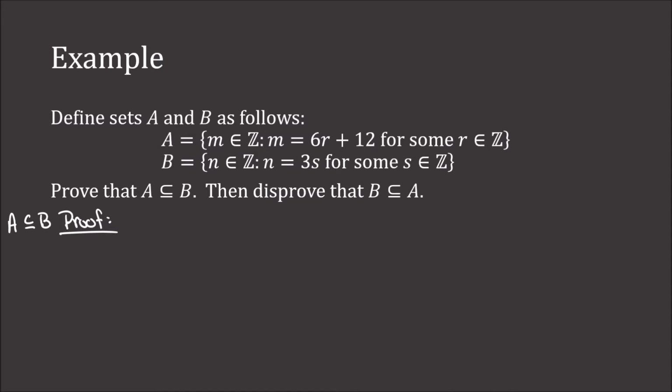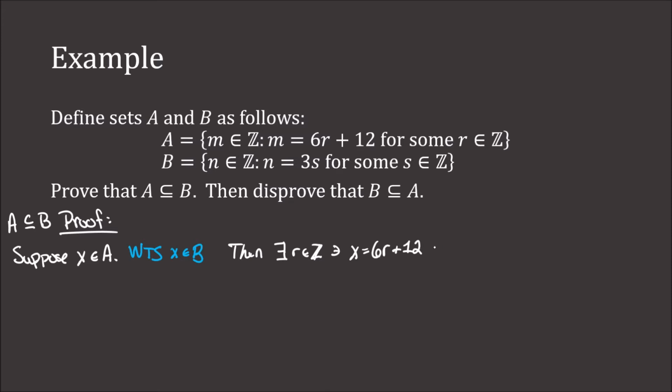So remember what we have to do is we pick an element. So suppose that x is some element in A. What we want to show is that x is also an element of B. Since x is in A, this means that there exists an integer r such that x is equal to 6r plus 12.